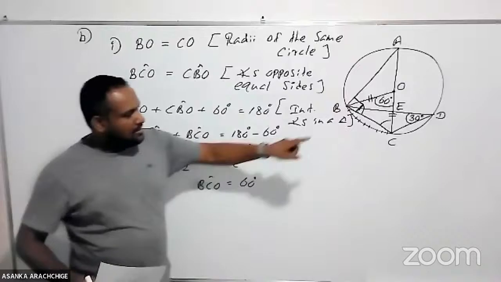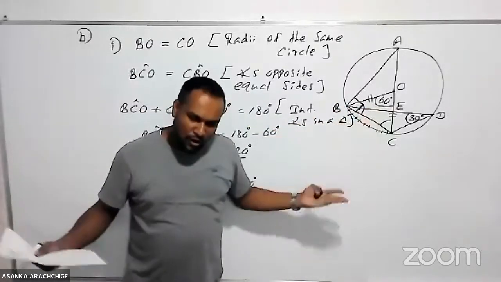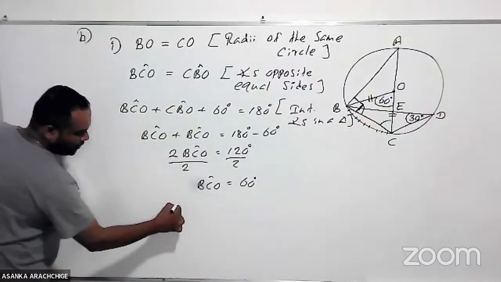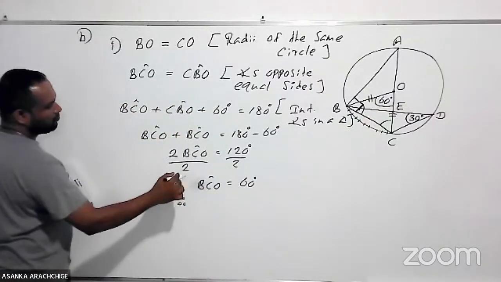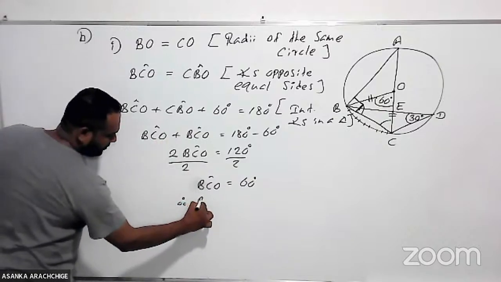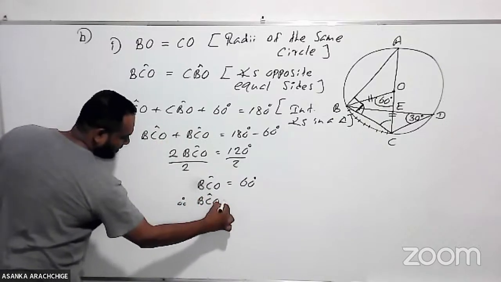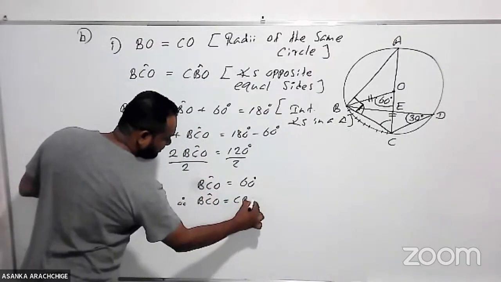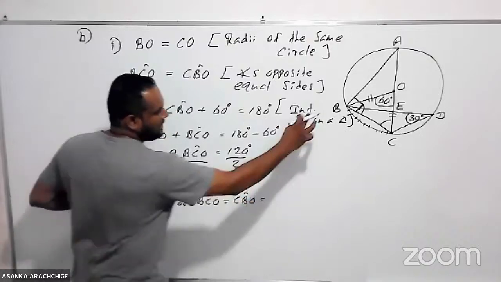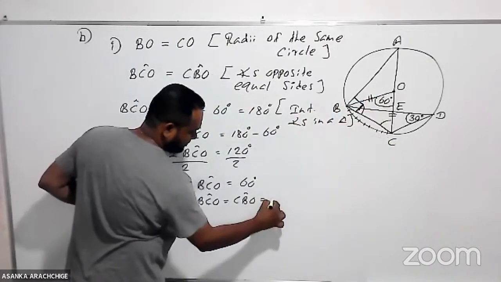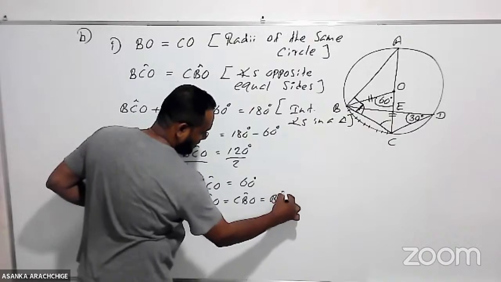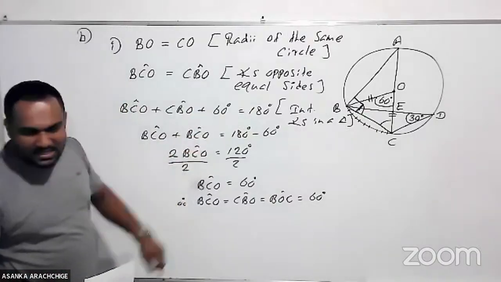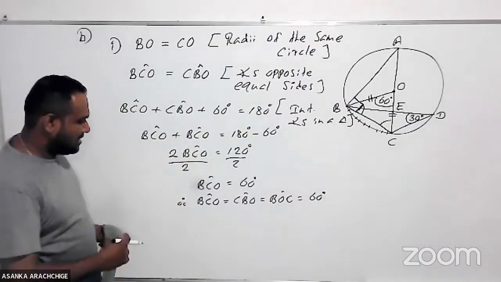That means 60, 60, 60, that means each angle is 60. And you can say that therefore angle BCO equals angle CBO equals angle BOC equals 60 degrees, which means BOC is an equilateral triangle.